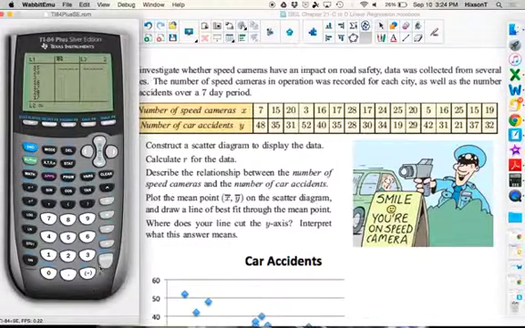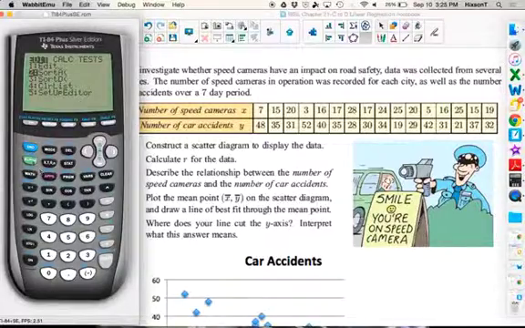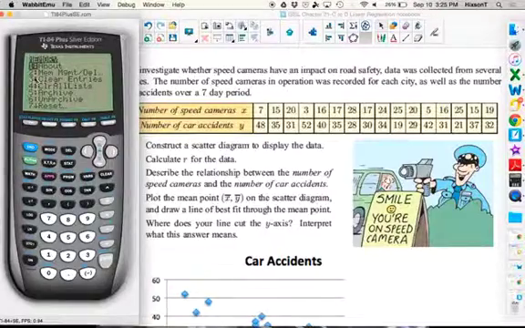Then let's try going to memory, and hit 4, clear all lists. That's the second plus sign, and hit clear all lists, number 4. Okay, and then go back to stat edit. Is it showing up now? No?